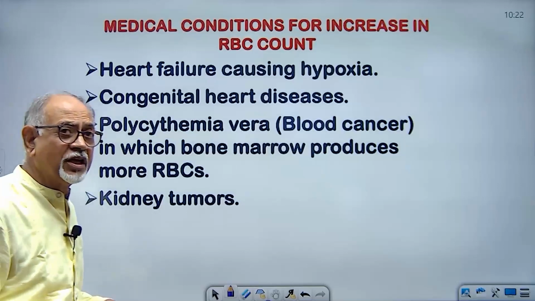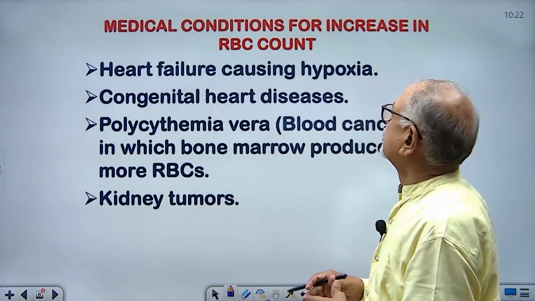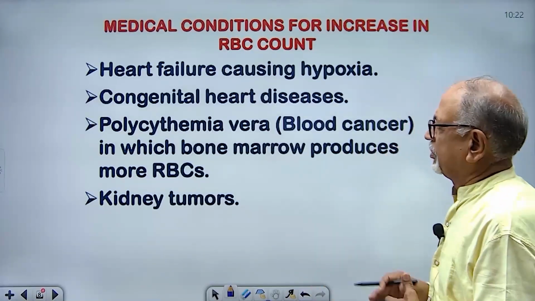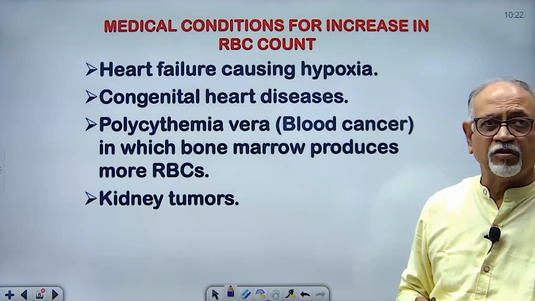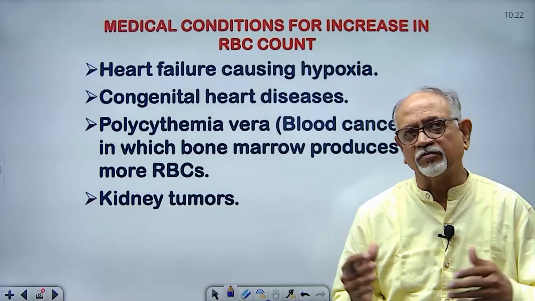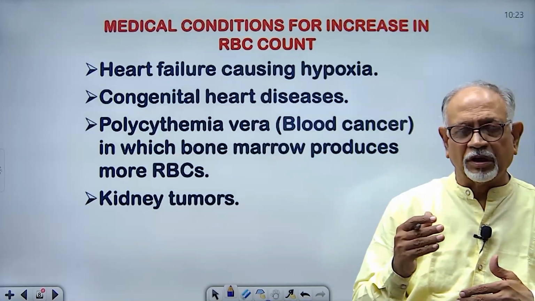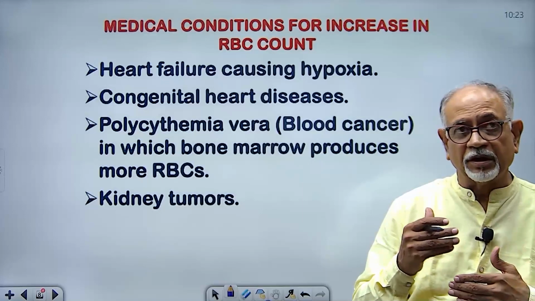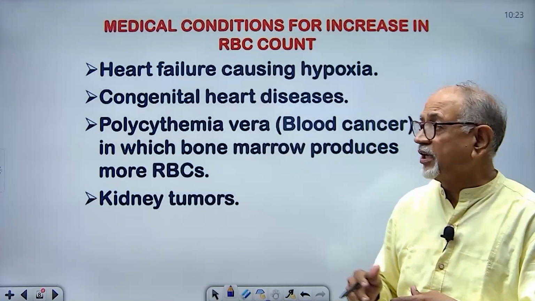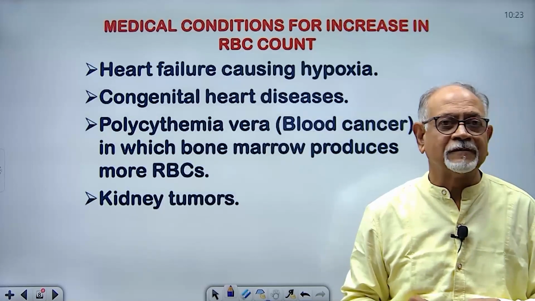Now, certain medical conditions in which the RBC count increases. Number one is in case of heart failure, when there is some problem in the heart, if the heart is under stress or a heart attack occurs, then a sufficient amount of blood is not supplied to different organs.